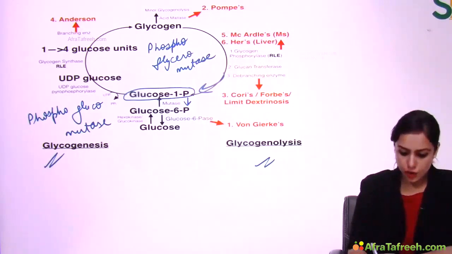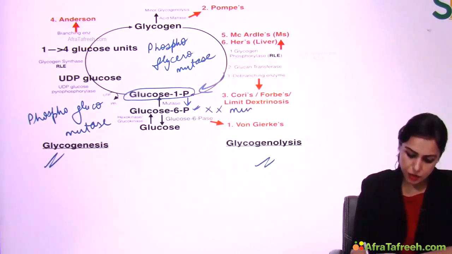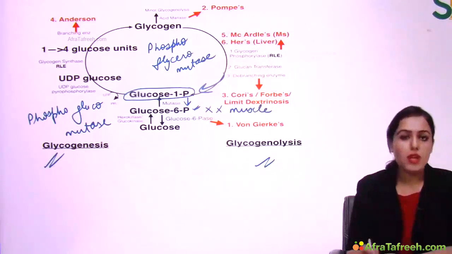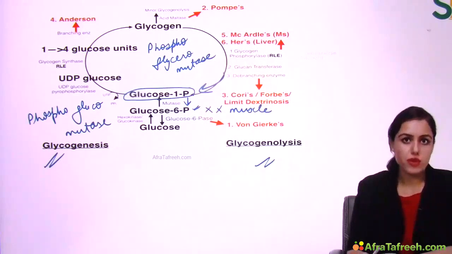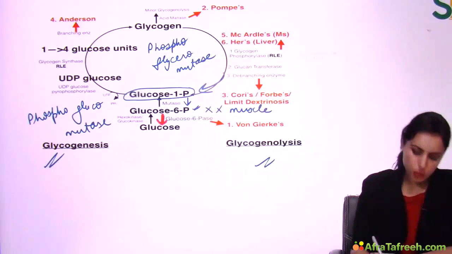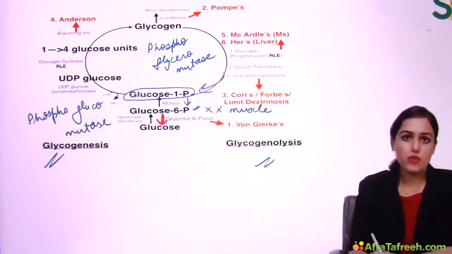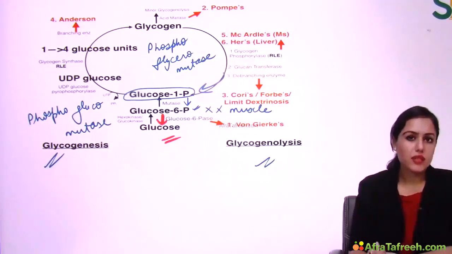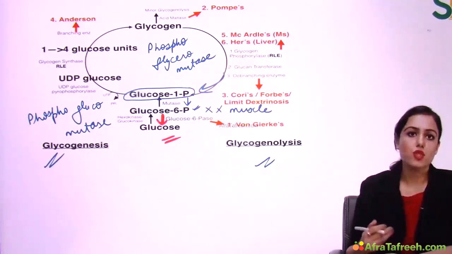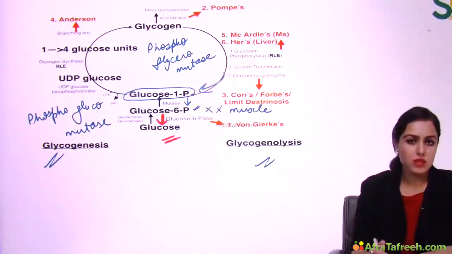Now we have reached till this point, glucose 6-phosphate is formed. Can I say that muscle glycogenolysis is finished at this point? Because the end product of glycogenolysis in muscles is glucose 6-phosphate, right? But in liver, one more extra step will occur, glucose 6-phosphate to glucose formation, done by the enzyme glucose 6-phosphatase. So can I say glucose 6-phosphatase is present only in liver and not in muscles, right?